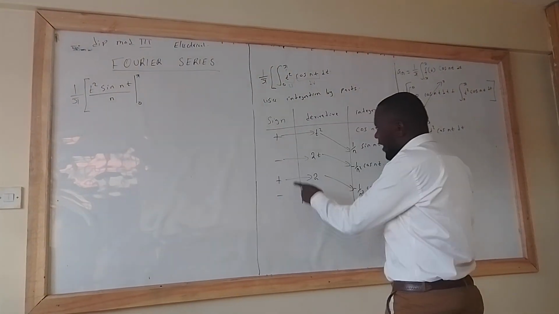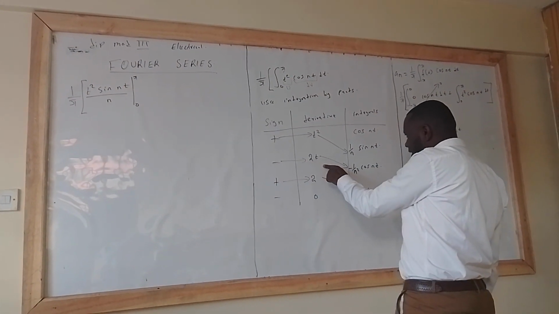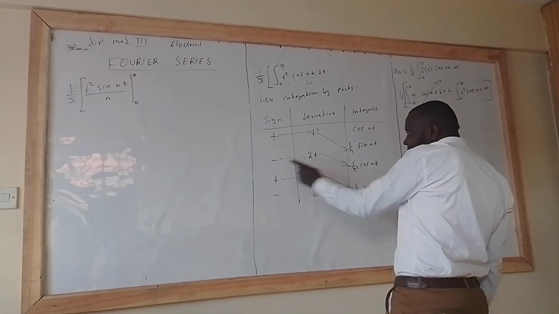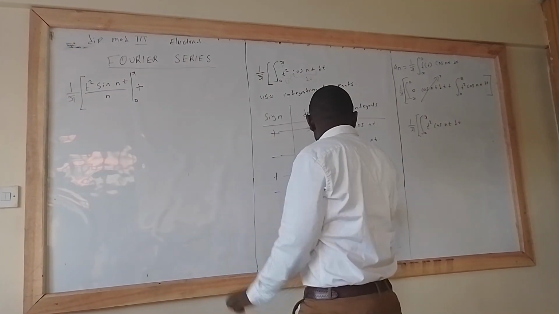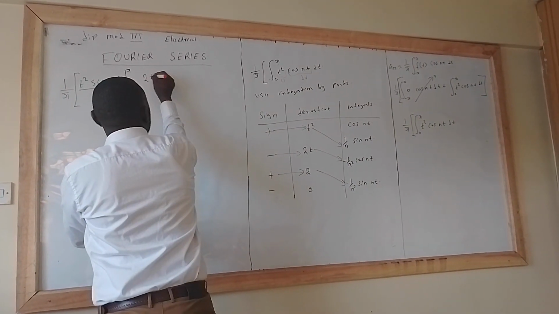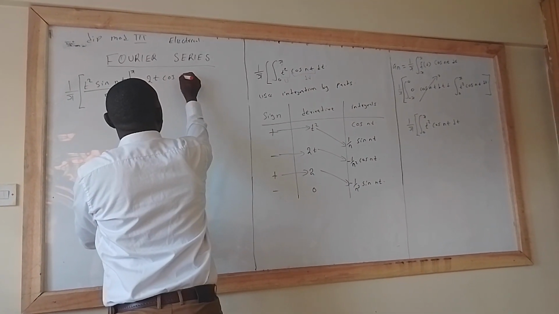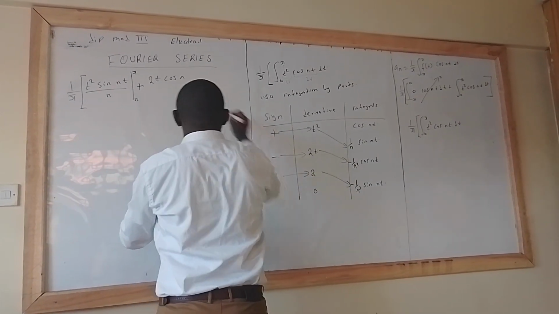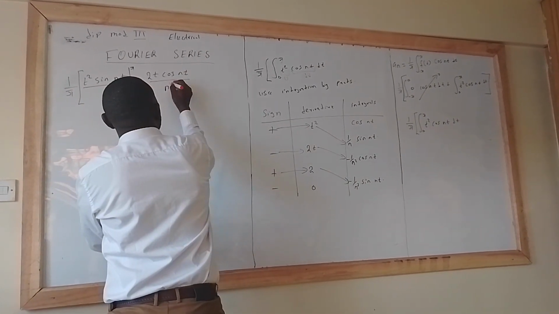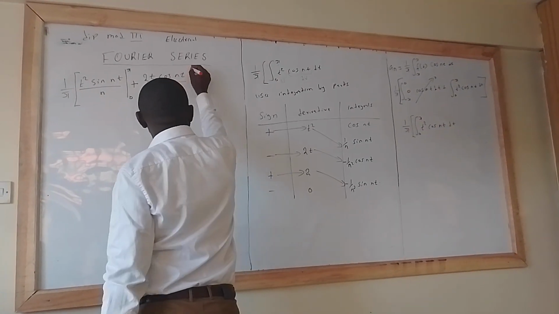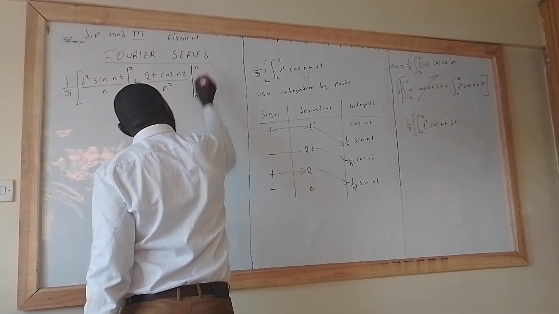Then we continue. We have negative 2t; negative and negative will now give a positive 2t cos nt divided by n squared, in the range of 0 to pi.